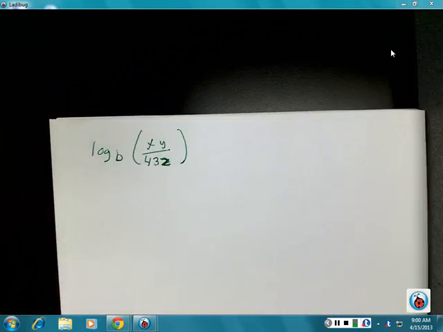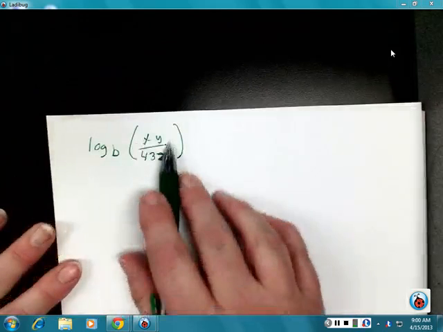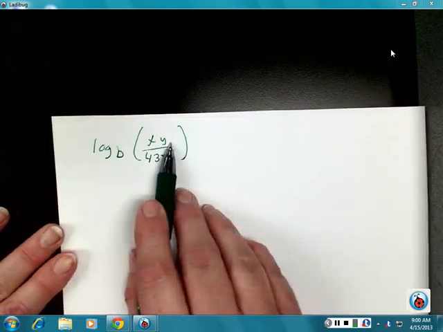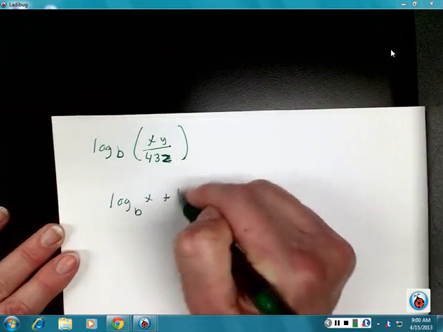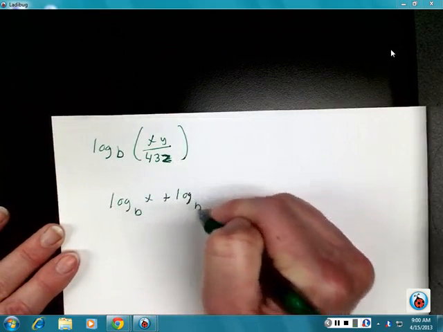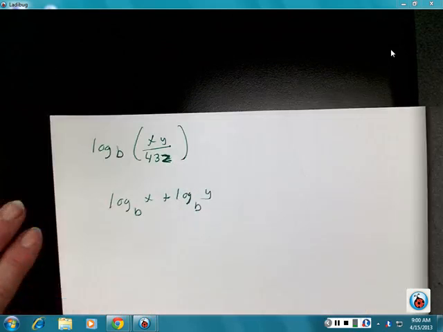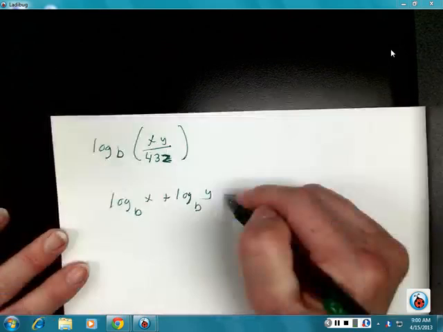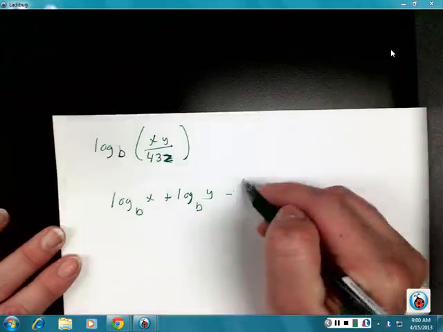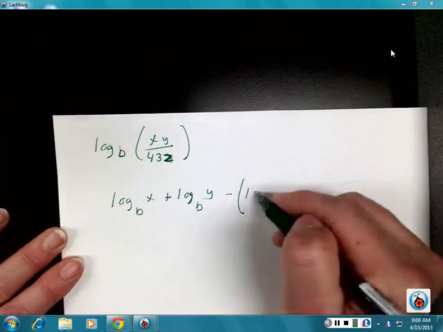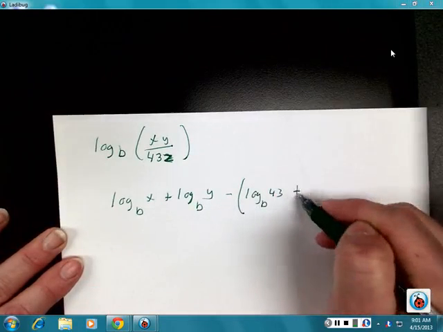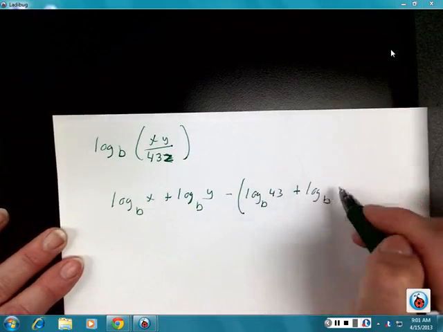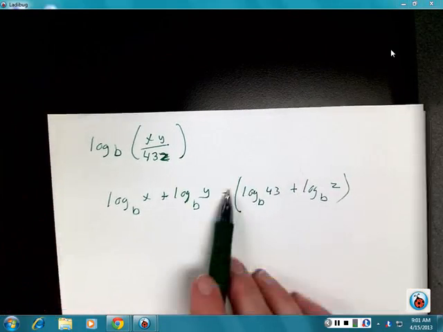And so how would I break that thing apart? Well, what I have in the top part is a multiplication, so that means I have log b x plus log b y. We okay with that part? Minus what I have in the bottom, which is log b 43 plus log b z, because that's what's in the bottom, but that's got to be subtracted.